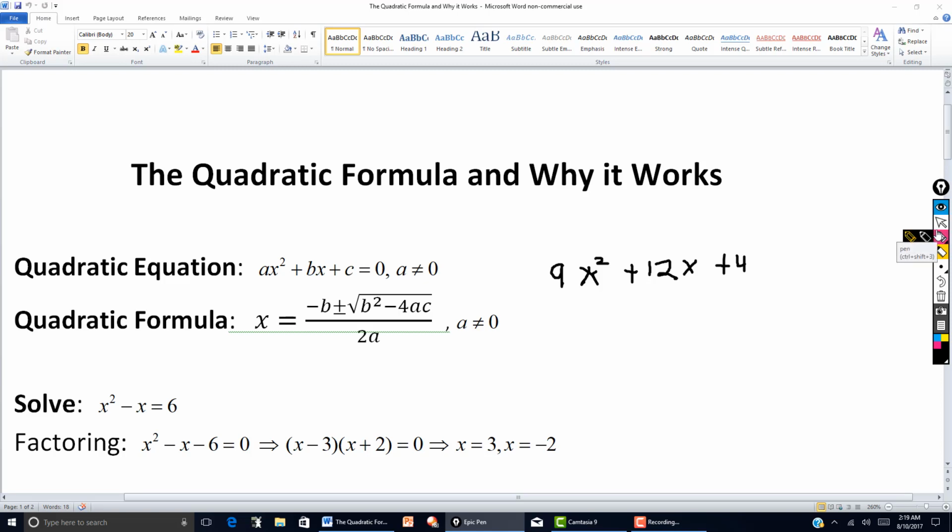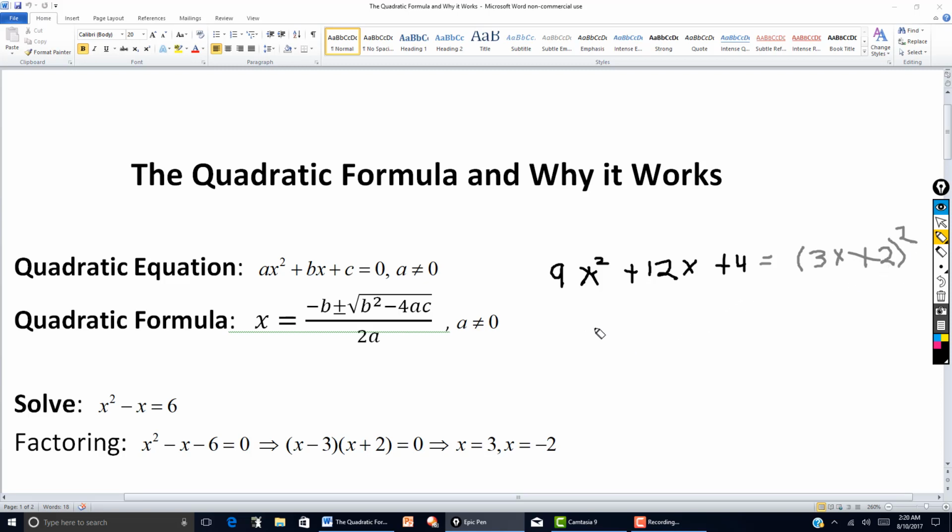In this particular case, if you factor this out, it's going to equal 3x plus 2 squared. Perfect square trinomial equals the square of a binomial. You can easily check that by multiplying out the right side.